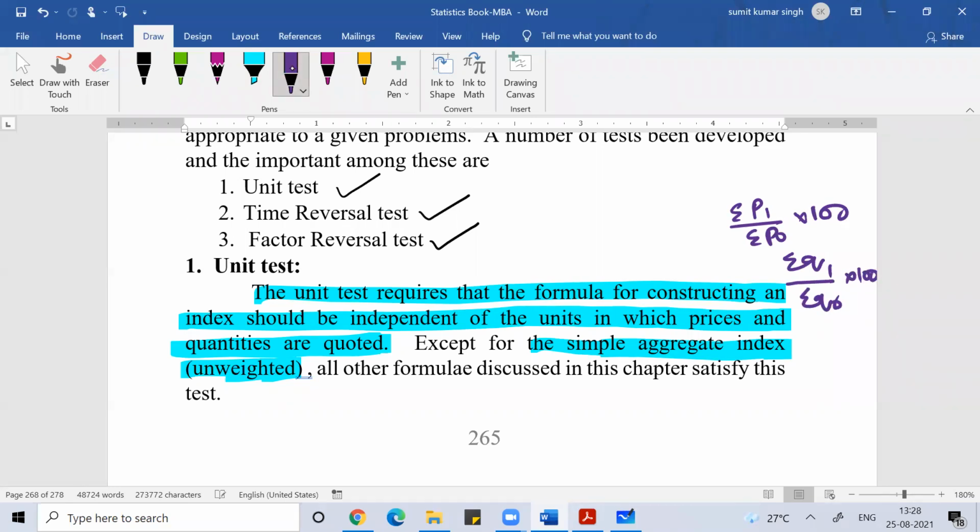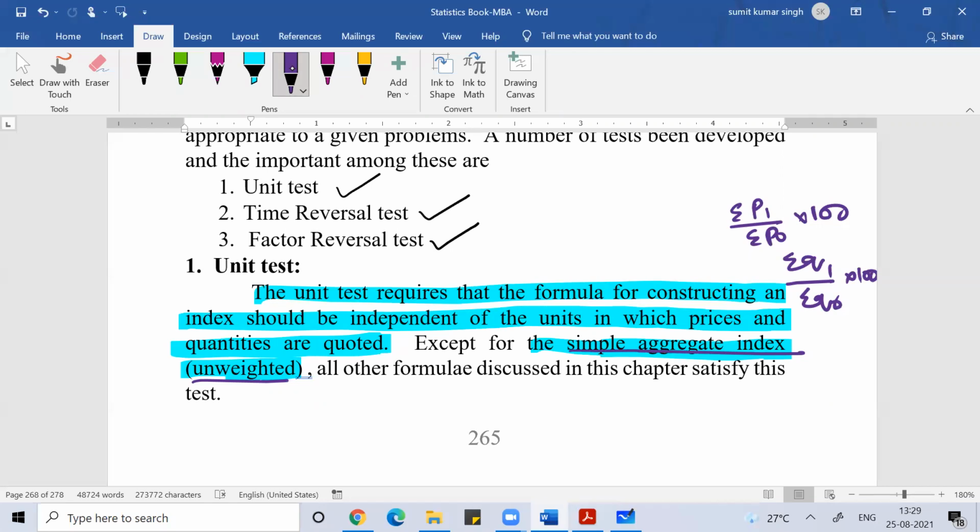Except that, every other method satisfies the unit test. We are saying that the formula we are using should be independent of the units for which we do the calculation. That is what the unit test is all about.